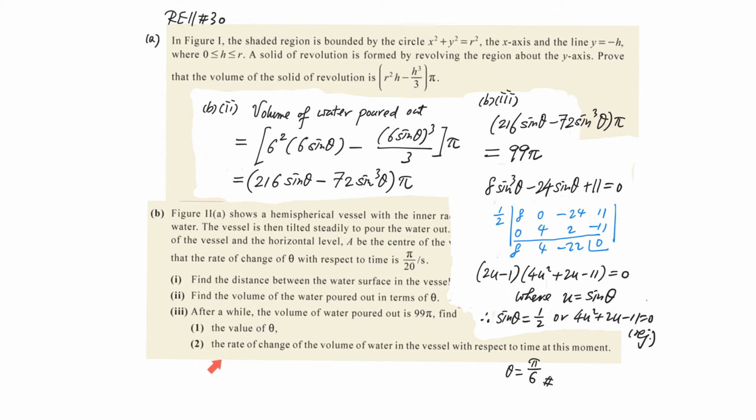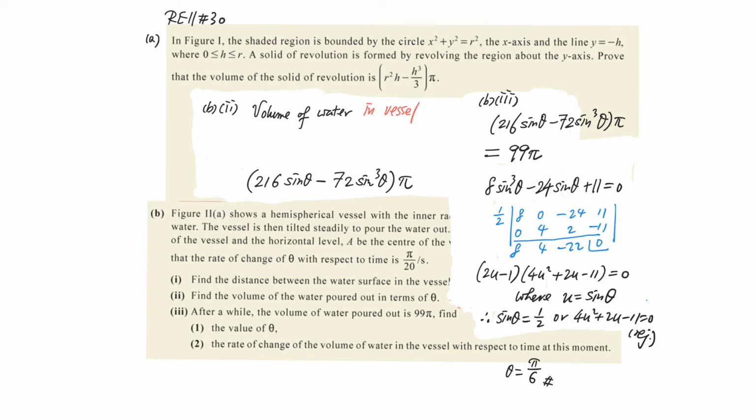Okay, the last part, the rate of change of volume of water inside the vessel at that moment. That means when theta equals pi over 6, what is the rate of change of water inside the vessel? So this is the volume of water pulled out, not inside the vessel. Be careful.